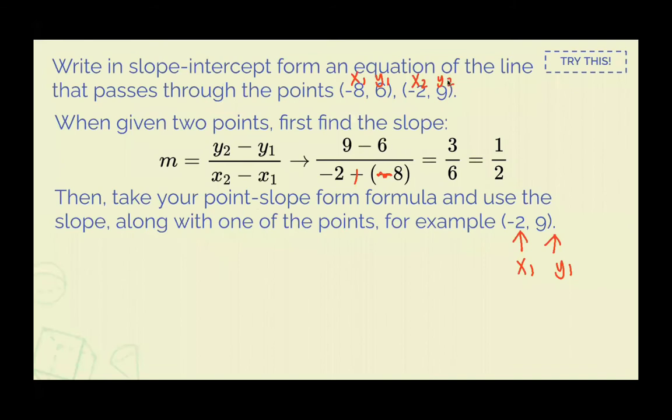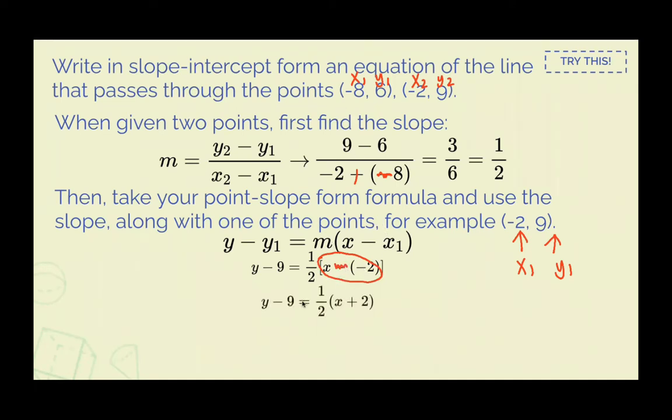Now write down point slope form. y minus y1, that would be y minus 9, equals the slope, which is 1/2, times x minus x1, and that would be x minus -2. Now simplify this portion by canceling the negative out and making it x plus 2.